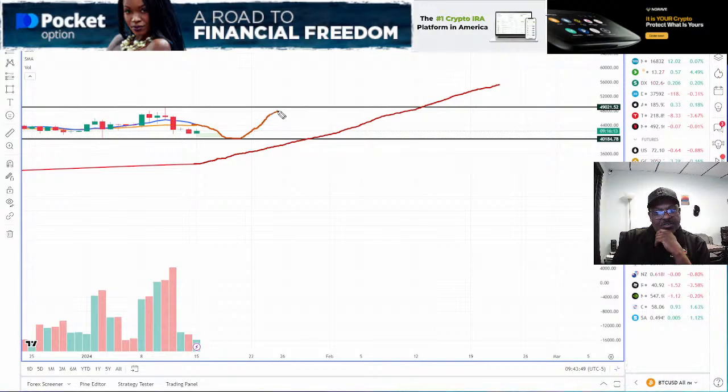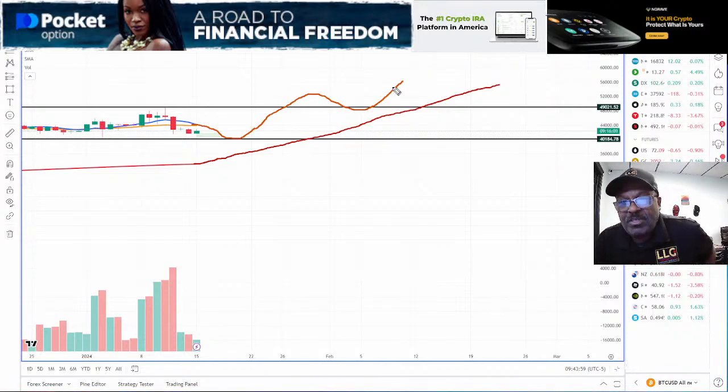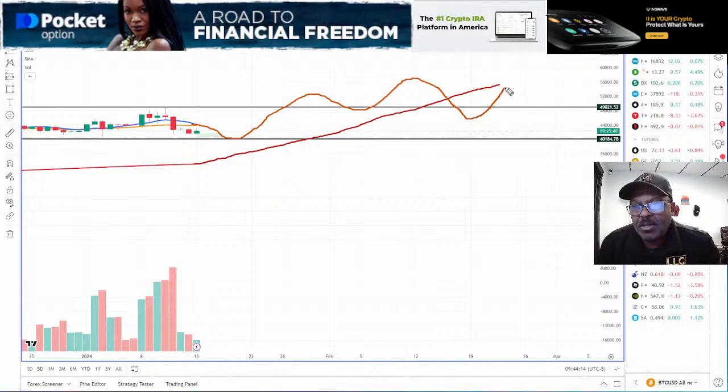And what if it continued, even coming down this way? Now, see, we're at the 56,000 range right now. It would probably retrace back to 49, 44. I could see that happening.